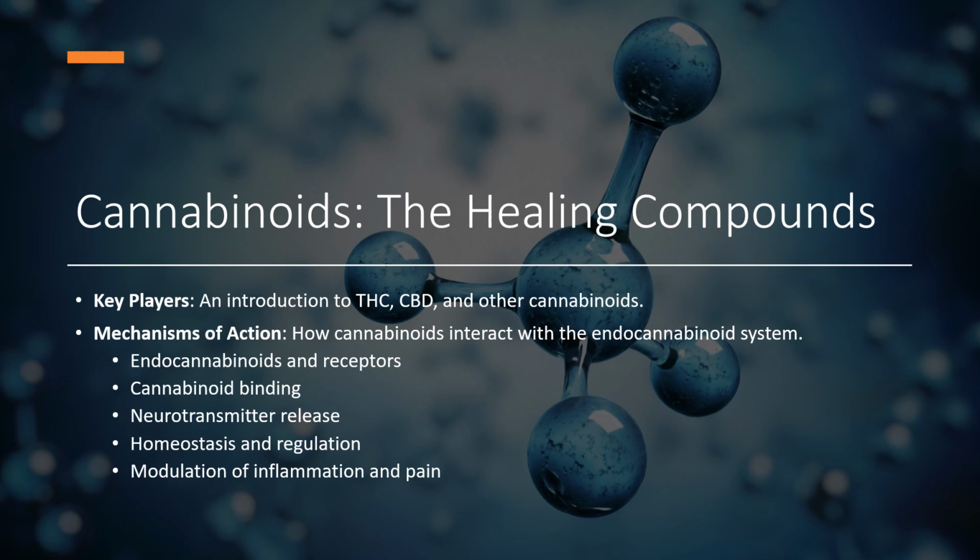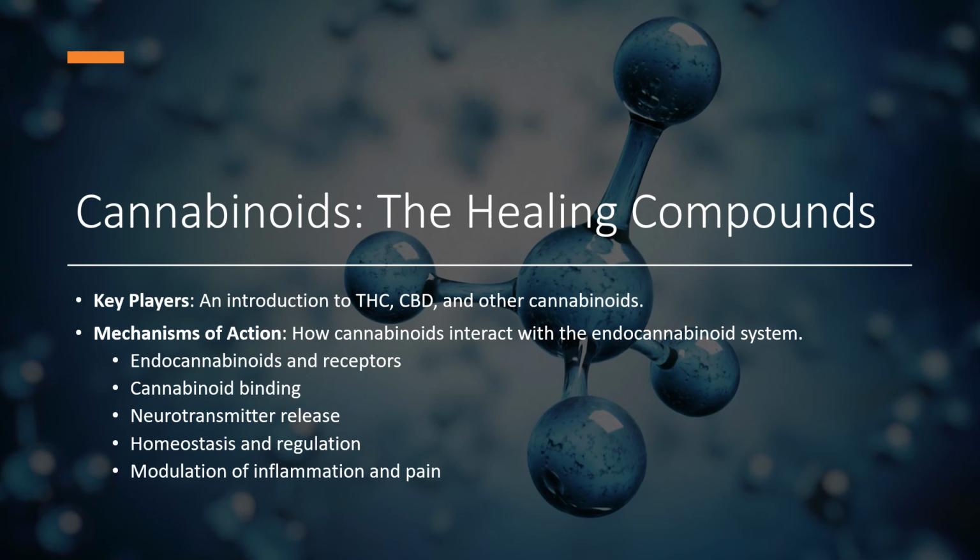And then we have modulation of inflammation and pain. We know that cannabinoids can modulate pain perception and inflammation through their influence on the ECS. CBD, for instance, has anti-inflammatory properties that can really help to manage chronic pain conditions. And then we have potential therapeutic applications.